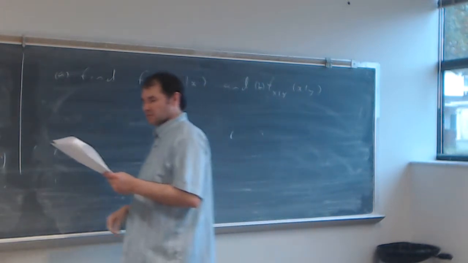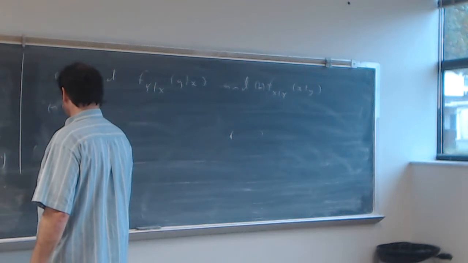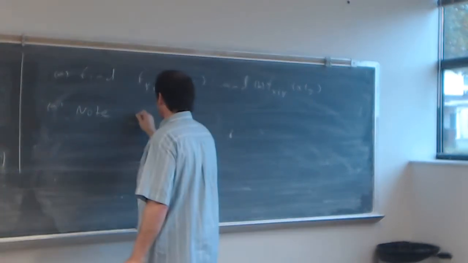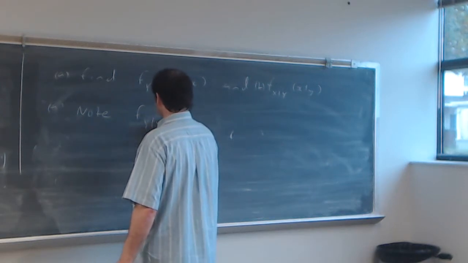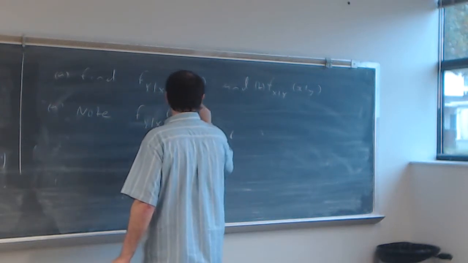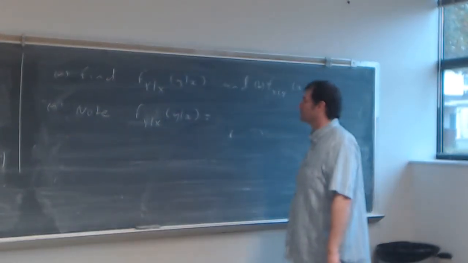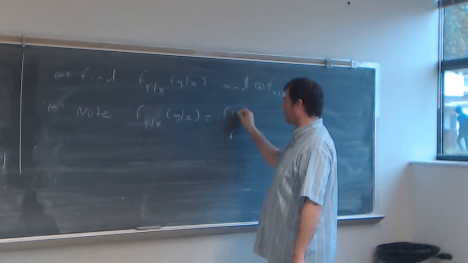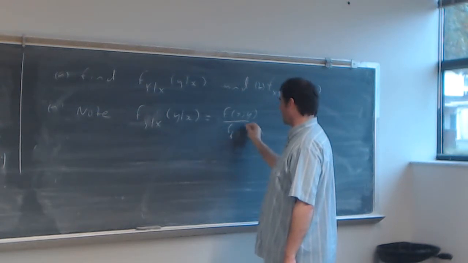Okay. So here, for part A, by definition, we know that f sub Y given X is equal to f of x comma y over f sub X of x.